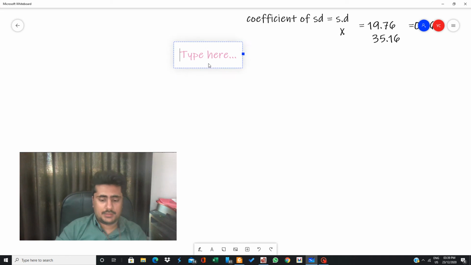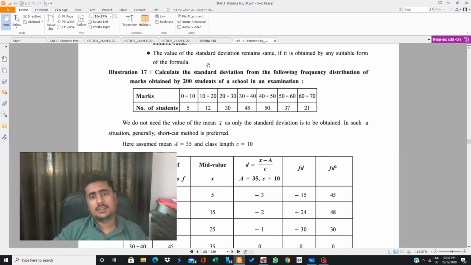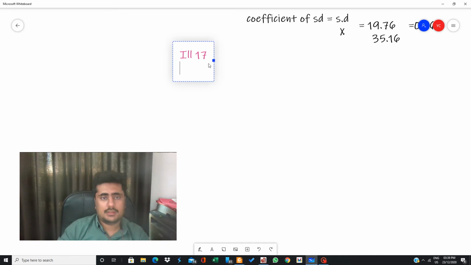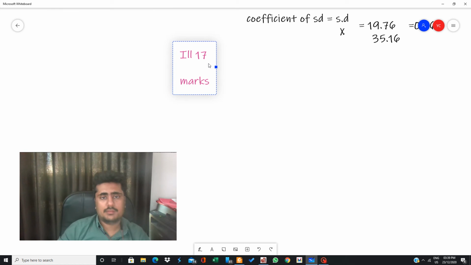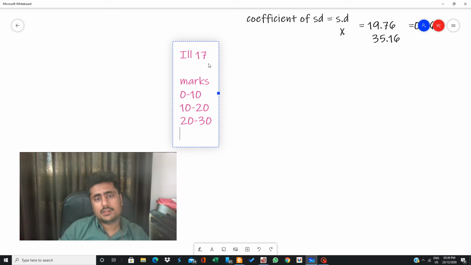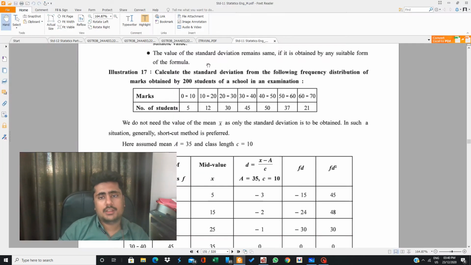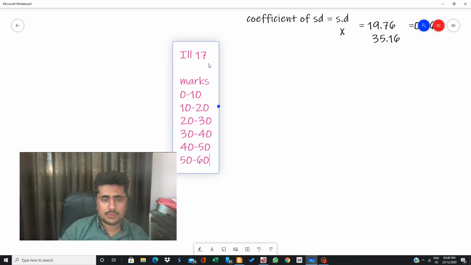So let me write the question. Illustration 17. Calculate the standard deviation from the following frequency distribution of marks obtained by 200 students at school in an examination. Marks are given: 0 to 10, 10 to 20, 20 to 30, 30 to 40, 40 to 50, 50 to 60 and 60 to 70.